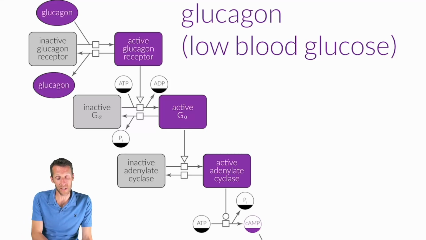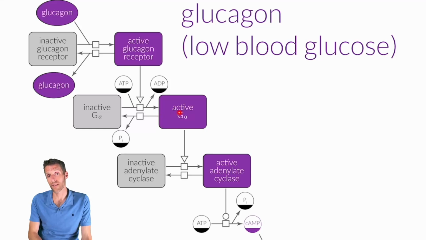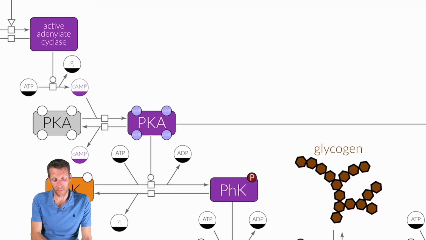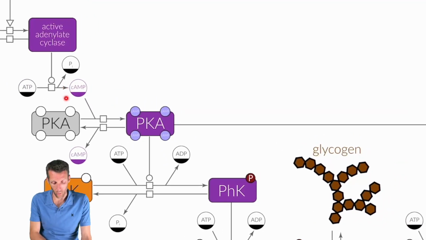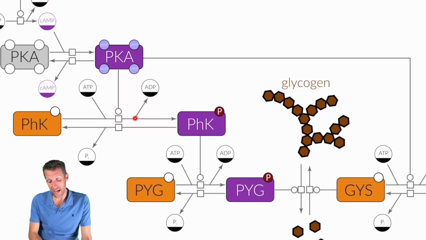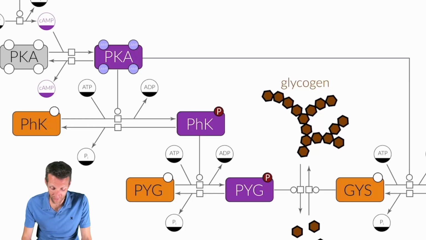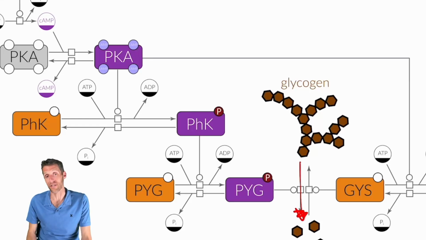So the glucagon receptor is a GPCR that when it binds to glucagon, activates, which activates G-alpha, which activates adenylate cyclase, which causes adenylate cyclase to make a lot of cyclic AMP, which activates pKa, which activates PHK, which activates PYG, which finally causes the breakdown of glycogen on this side.